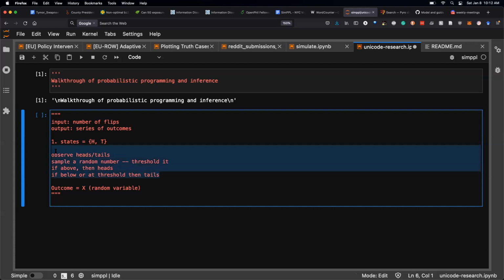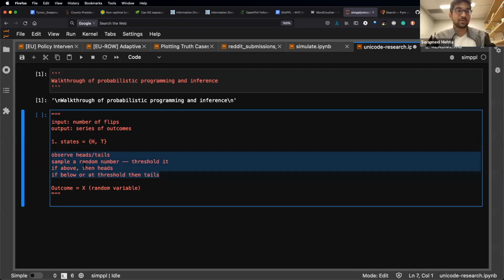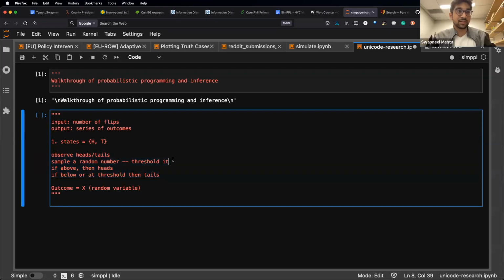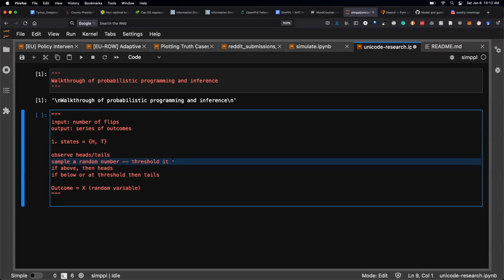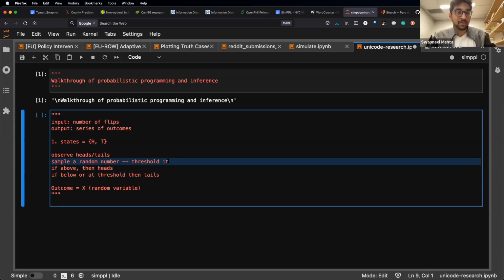The English stuff we all understand: you're going to observe heads or tails. And the coding stuff, most of you will understand because you've been working on this, so you understand what sampling a random number looks like. But implementing this as a mathematical function is the task where you lose most of the people. They will get stuck.